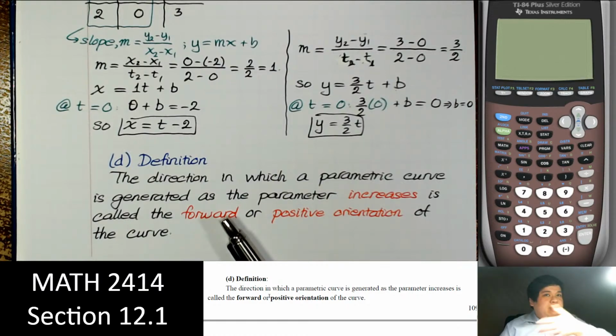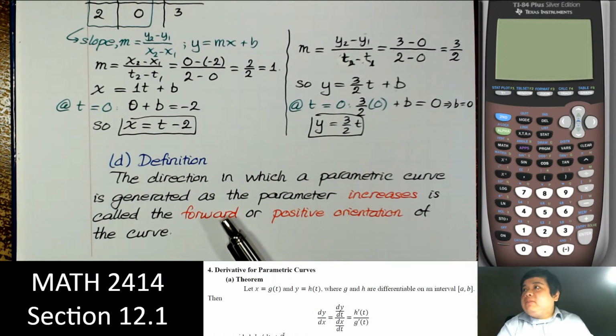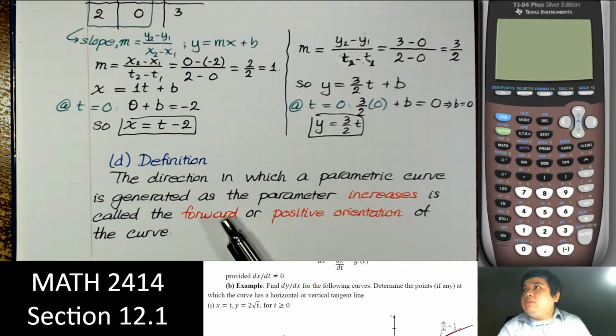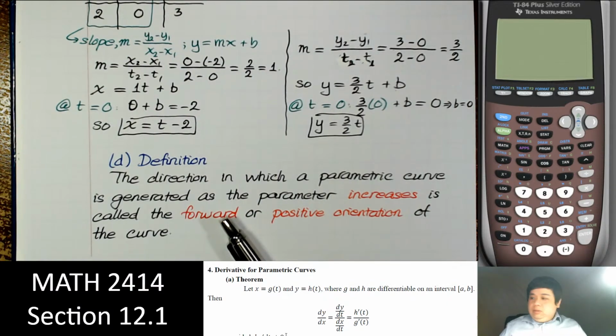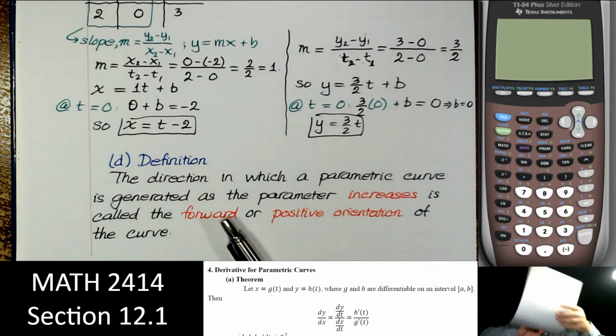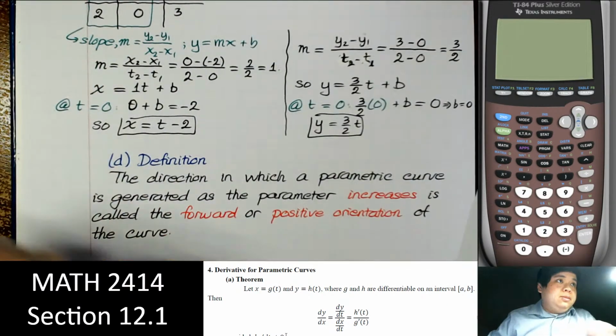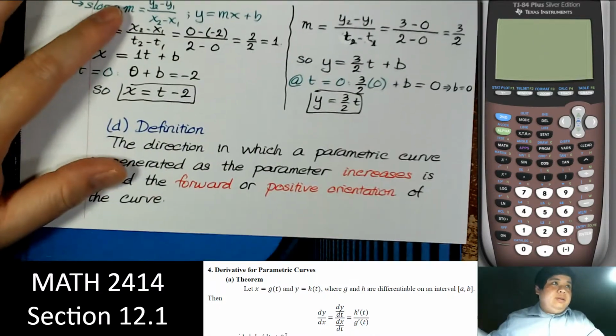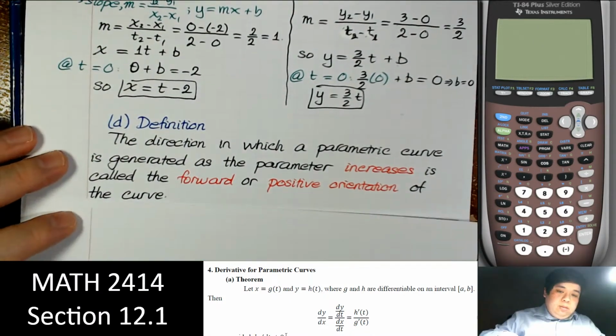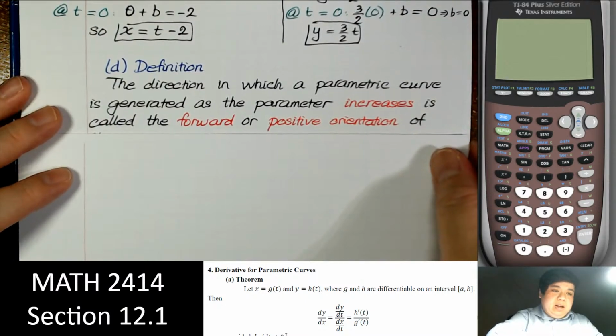And if it's negative, then that's called backward. It's not really a big deal though.